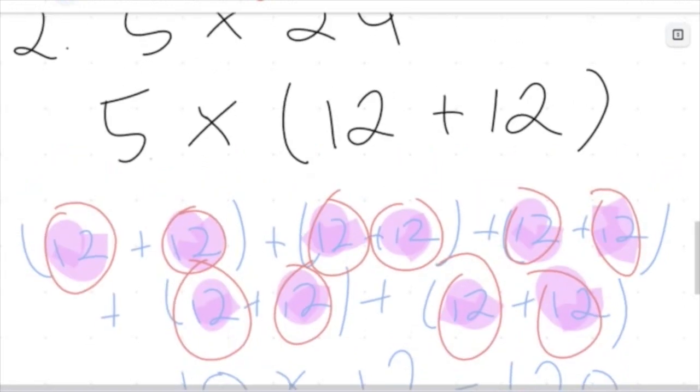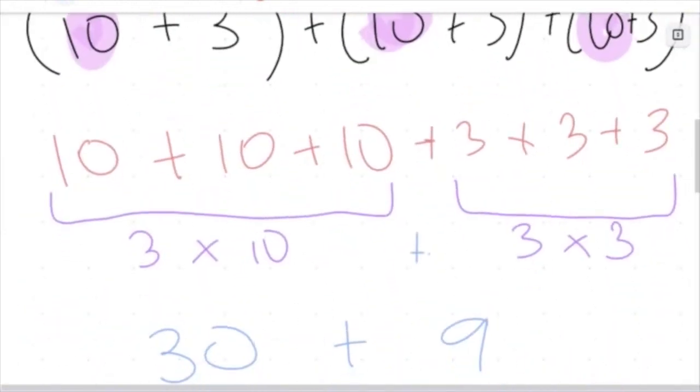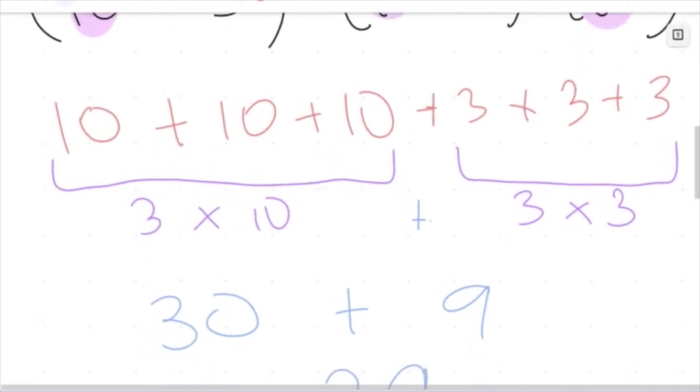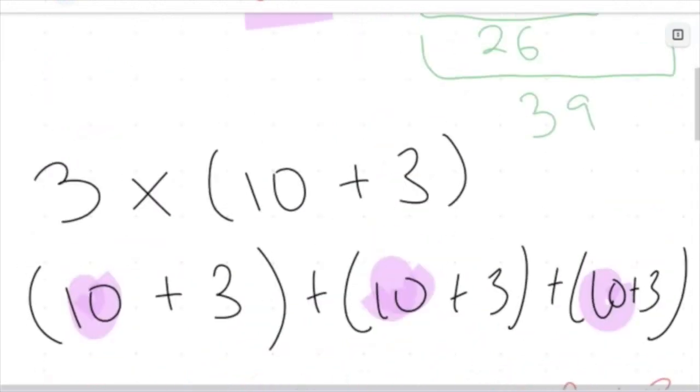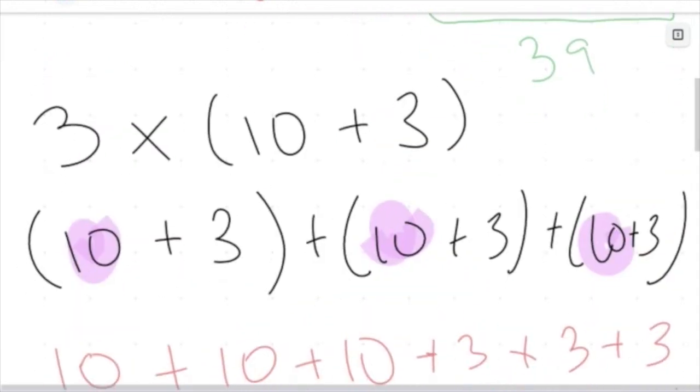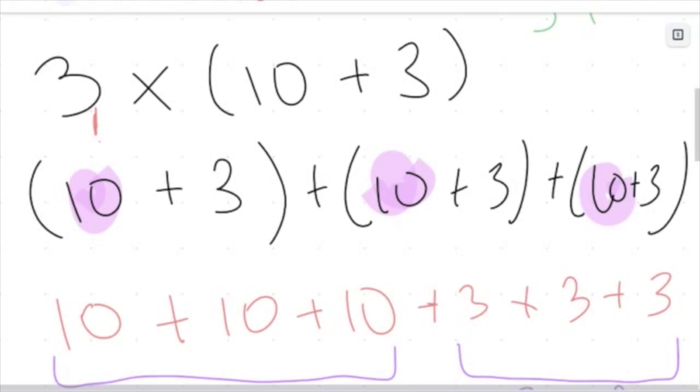So you can see in doing this, my 5 was actually timesed by 12. And then that was added with 5 times another 12. Think about that here too. We reduced this thing here into 3 times 10 and 3 times 3. Notice that when this was multiplying, I just timesed 3 by 10 here and 3 by 3.